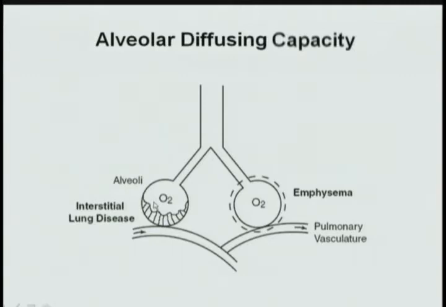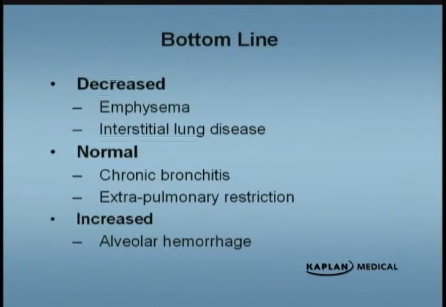If I find the DLCO normal, then I start to think about diseases outside the lung that could cause a restrictive process. The basic three that I just talked about: kyphoscoliosis, morbid obesity, and neuromuscular disease. So let's summarize all that, and let's look at a couple of scenarios.